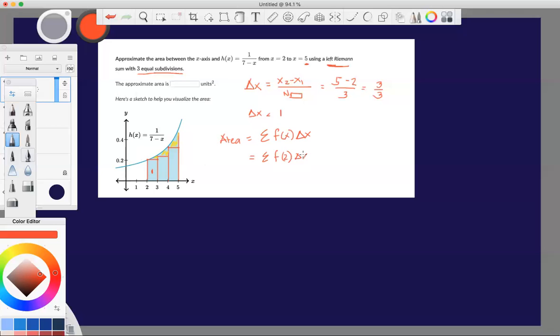delta x plus, okay, for our second rectangle, what's going to be the value of our x, guys? Anybody? 3. Very good, so you'll have 3. Your delta x will still be delta x.